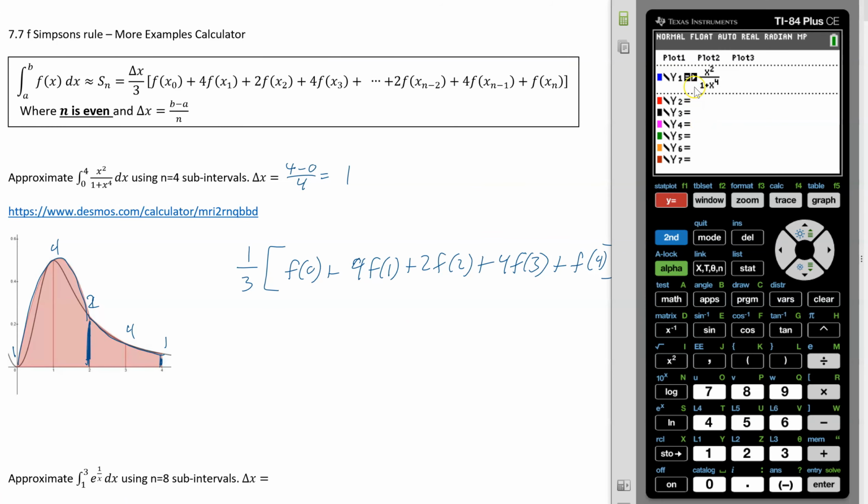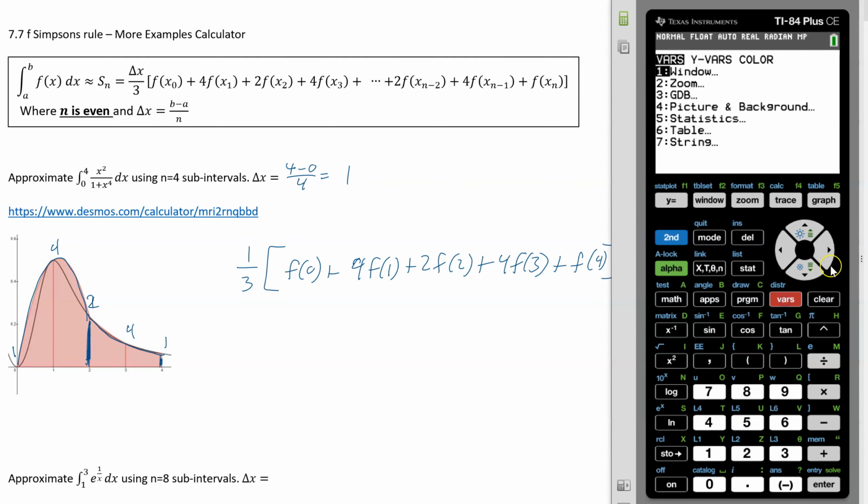So again, verify that your y is correct. So I can quit. And then we're going to go 1, because that's our delta x, divided by 3, parenthesis, and then f of 0, and I put that in parentheses, plus 4 of 1 plus 2 of 2 plus 4 of 3, and then finally our last one.